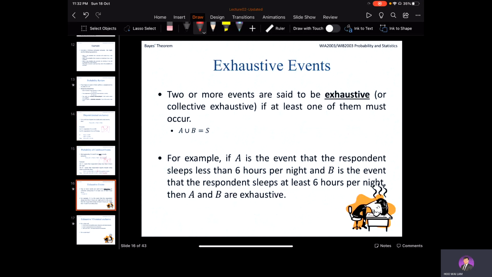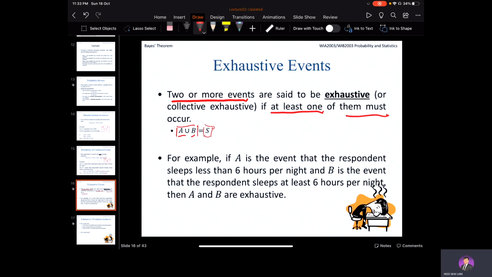How about exhaustive events? Exhaustive events is basically when you want to measure all the potential events that you have, and one of them must occur. At least one of them must occur. So, for example, if you have 2 events A or B, when you union them, you will get the whole sample space of the outcomes.